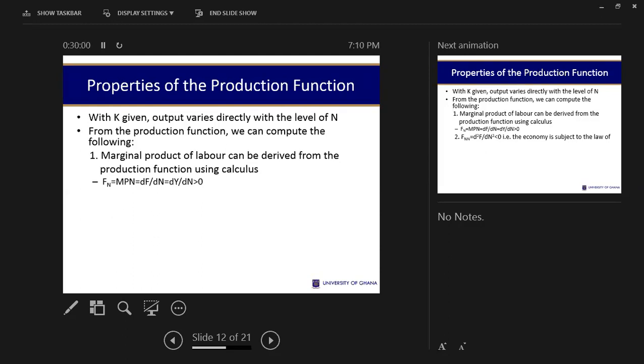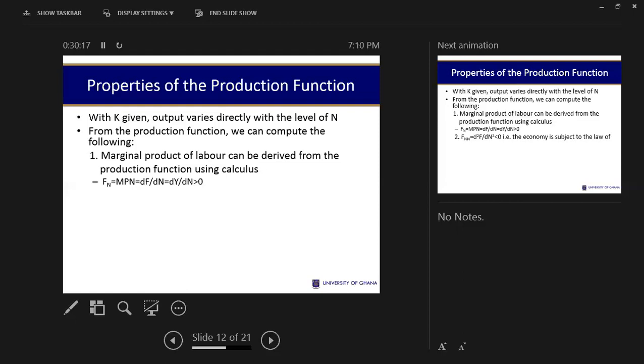And of course, it is positive because of the direct relationship between N and Y. So when you find dY/dN, your answer is supposed to be positive.